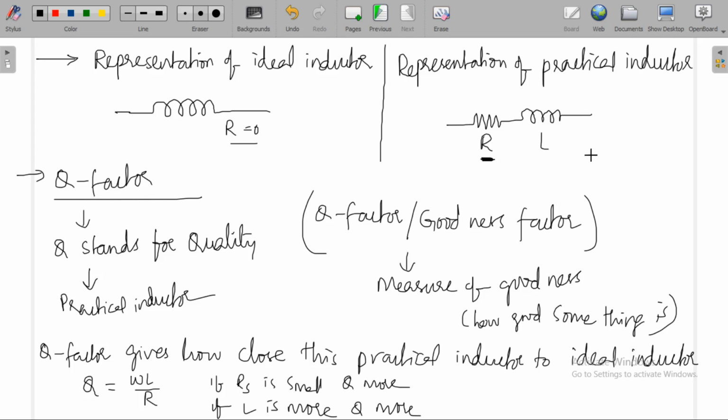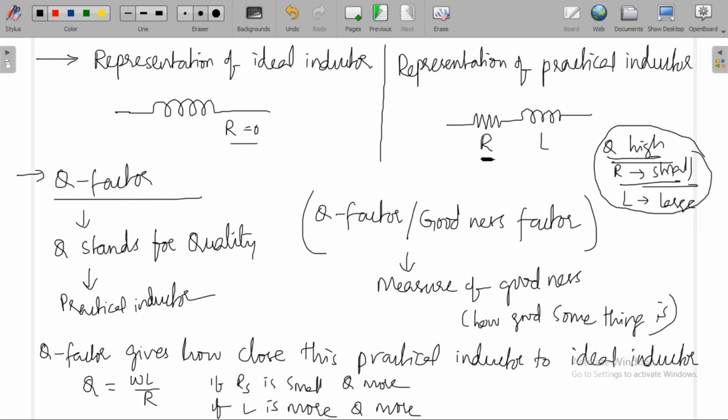Whereas in case of a practical inductor, to make Q high, R should be small when compared to L, and L should be large.